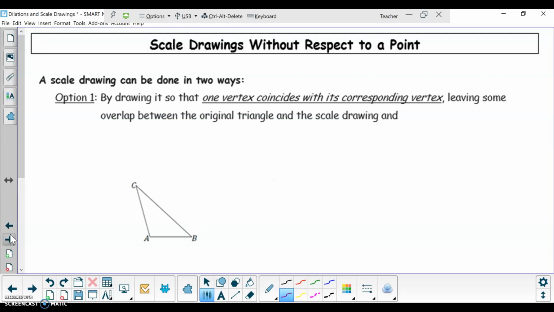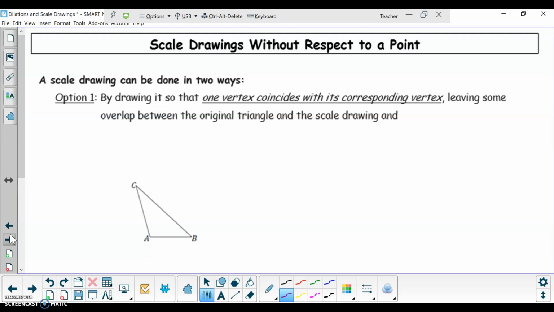The next part is scale drawings without respect to a point. When they ask you to perform a scale drawing without respect to a point, you're going to perform the dilation with respect to one of the vertices.